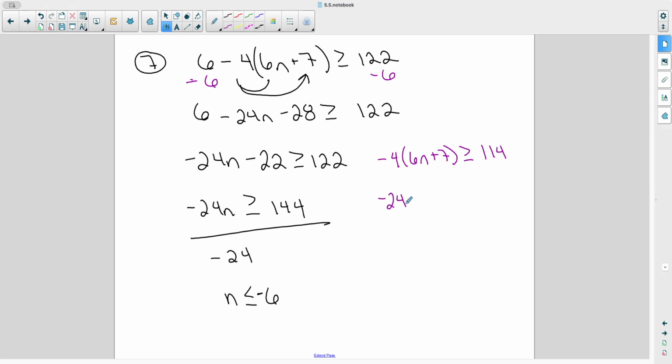That is not right, Mr. Adams. Oh, sorry, 116. Thank you. All right, so then we're going to add 28, and look, it still gives us 144.